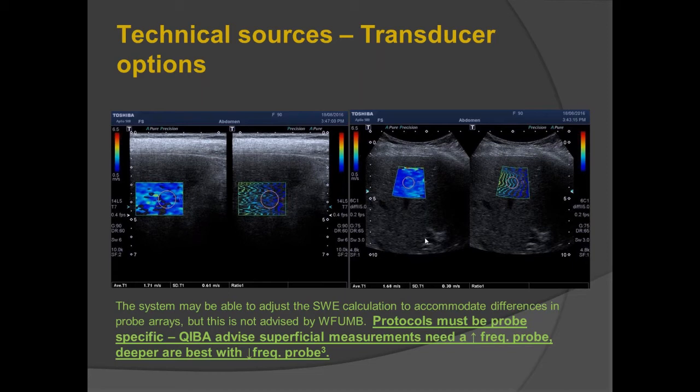Another thing you need to look at is what transducer you are using. Although we have found that the Toshiba systems are quite good going from a linear to a curved probe, in effect, Wolfram said you basically shouldn't do this. If you're using ultrasound for the liver, you should be using the convex probe.